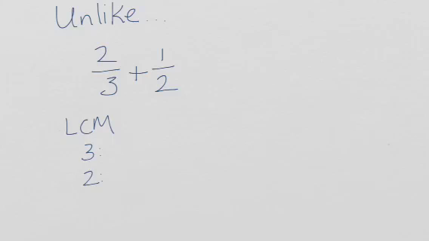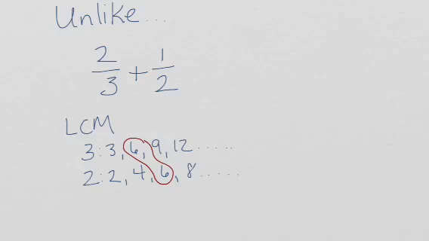The multiples of 3: 6, 9, 12, and they continue forever. Multiples of 2: 4, 6, 8, forever. And I see that the least common, the smallest that they share in common, is 6.